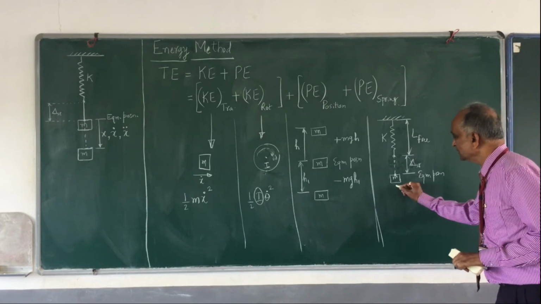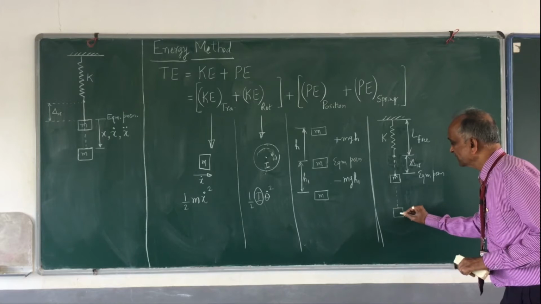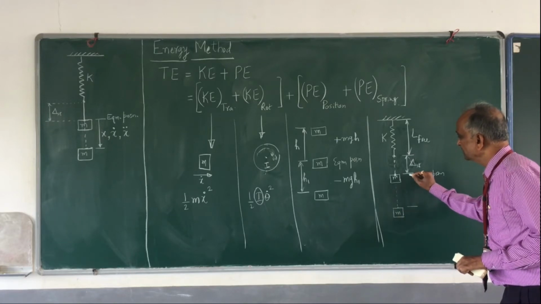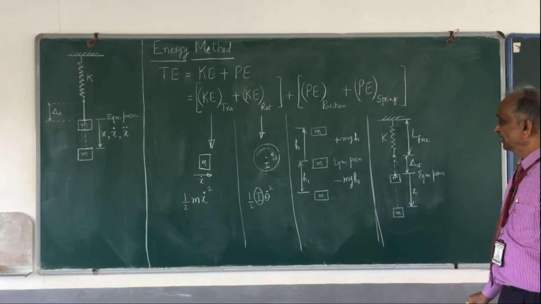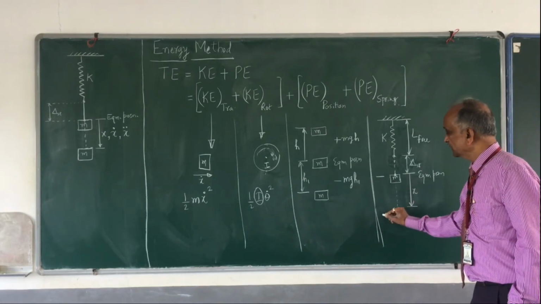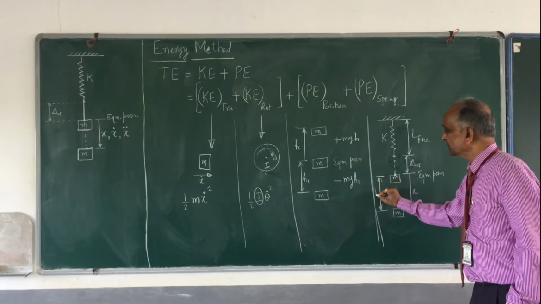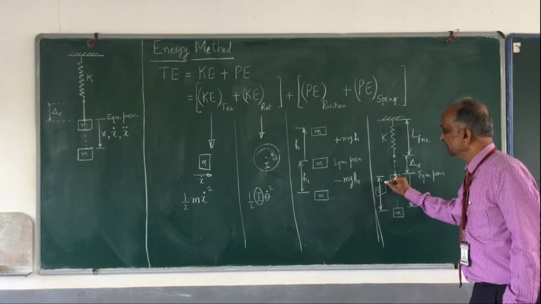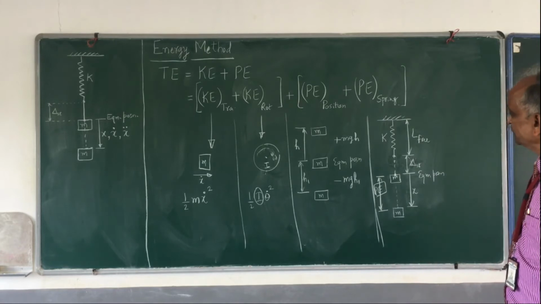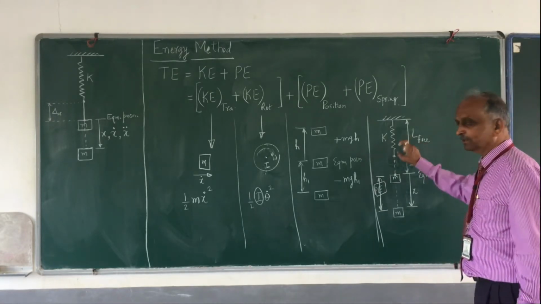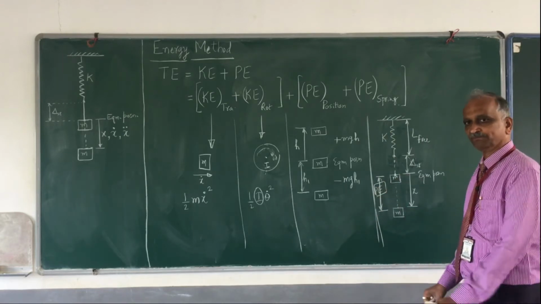Now suppose the mass undergoes some more displacement. The mass is here, and let me assume that this is the further displacement. I want to know what is the energy stored during this time. What is potential energy? That is nothing but the energy stored in the spring. As we all know, the force on the spring depends upon the elongation of the spring.